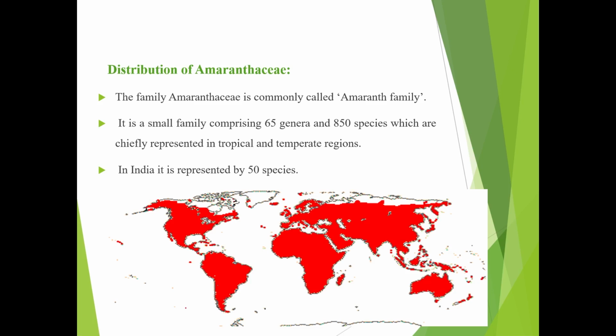It is a small family comprising 65 genera and 850 species, which are chiefly represented in tropical and temperate regions. So all the tropics and temperate regions have this group, but the number is low. India is represented by only 50 species of this family.